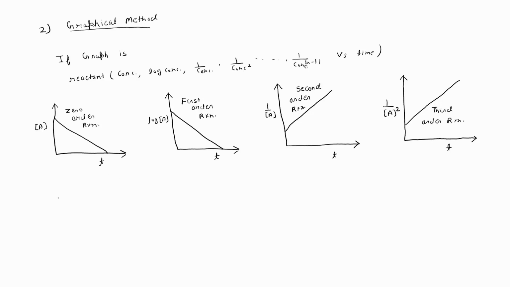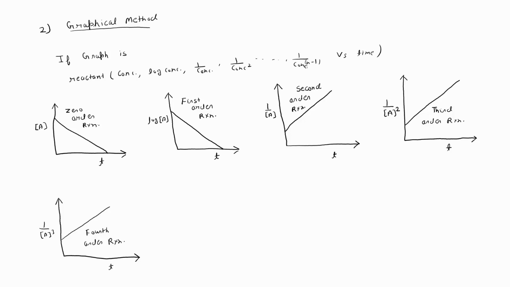And if the graph is 1 upon A cube with respect to time, and it is also a straight line with a positive slope, it means fourth order reaction. Actually, from the graph, we know what type of graph will be there for which order of reaction. So the question with respect to the graphical method is very straightforward.